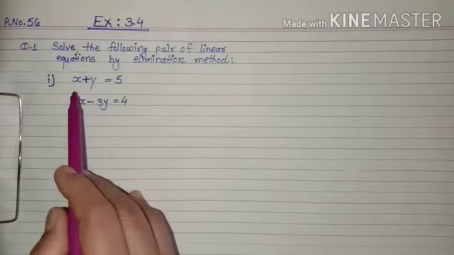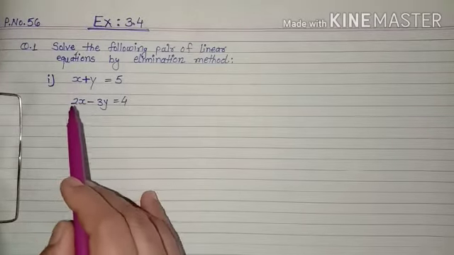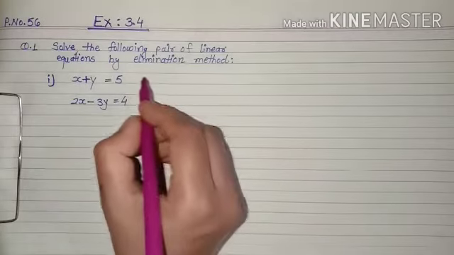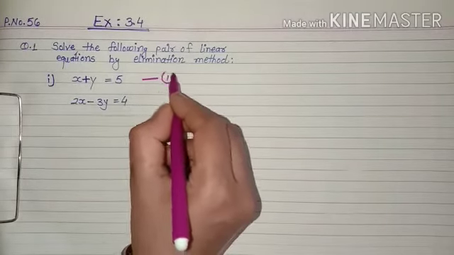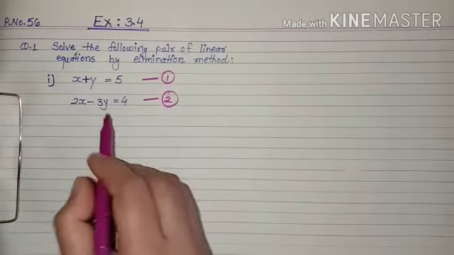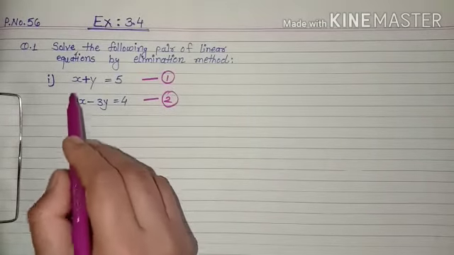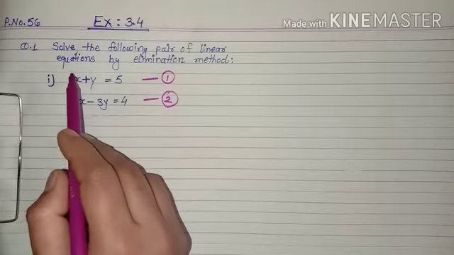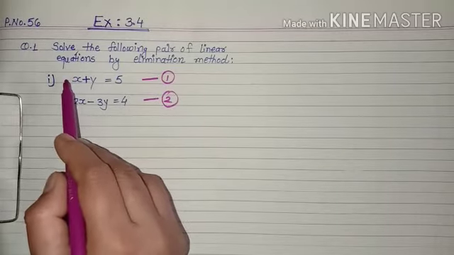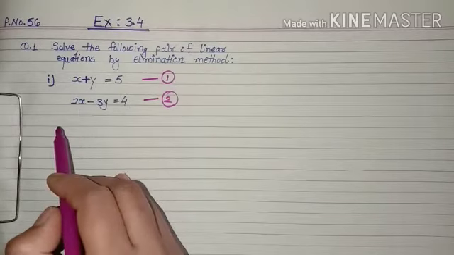In this question, we will equalize the coefficient of x for eliminating x. This one is your equation number 1 and this one is your equation number 2. In the first equation the coefficient of x is 1 and in the second equation the coefficient of x is 2.